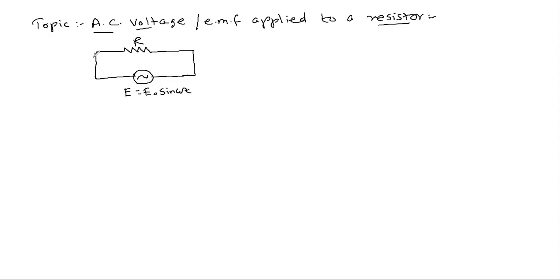As you have applied this EMF across this resistance R, the relation is E is equal to E naught sine of omega t. Let I be the current in the circuit at any instant t.